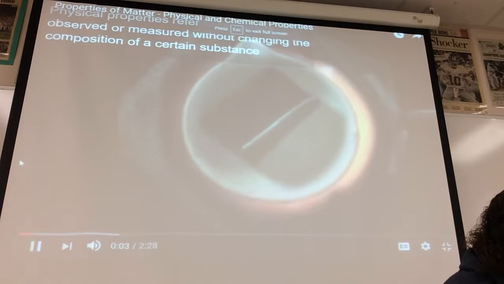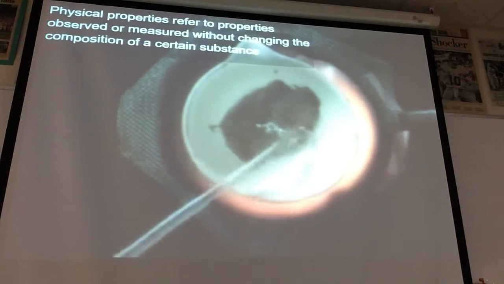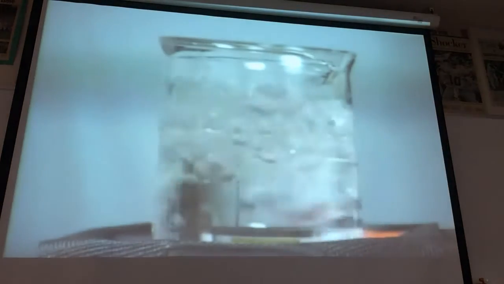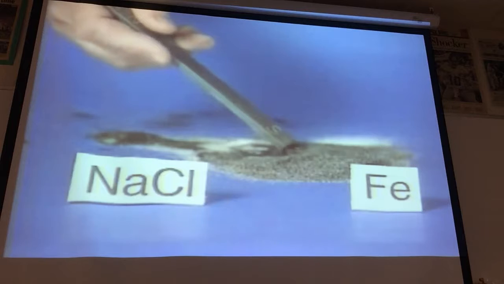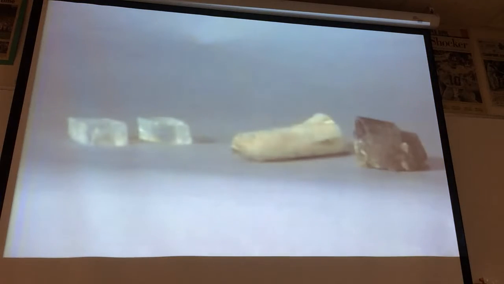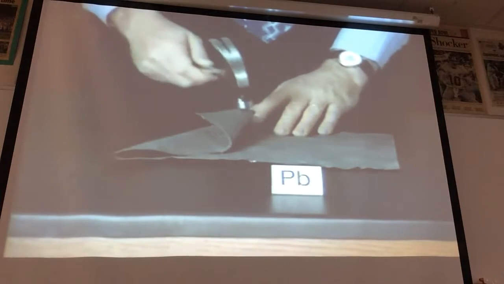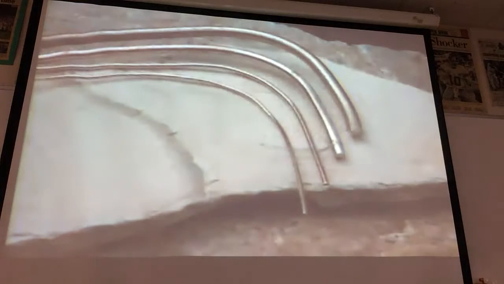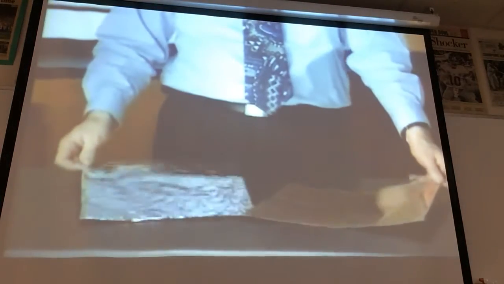Physical properties of matter include melting point, Let's see melting. boiling point, color, density, Which is more dense? magnetism, crystalline shape, malleability, ductility, luster, What does luster mean?